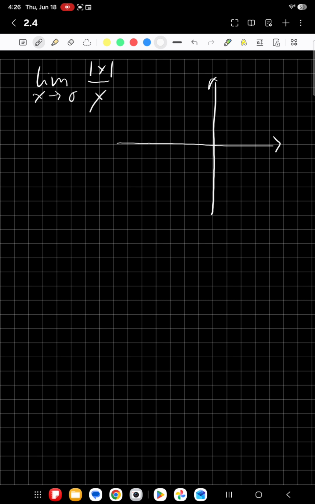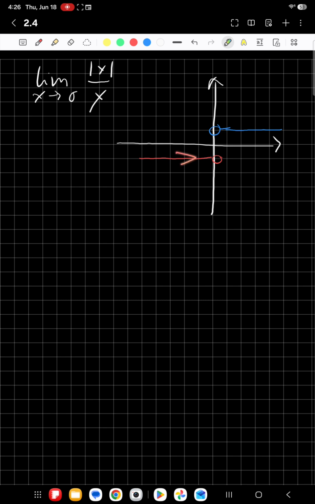If we graph it from the right, it will look like this. So that'll be 1. You can plug in a couple of values close to 0 and see what's happening. And on the left it is negative 1. So when I'm approaching 0 from the right, the limit is 1.